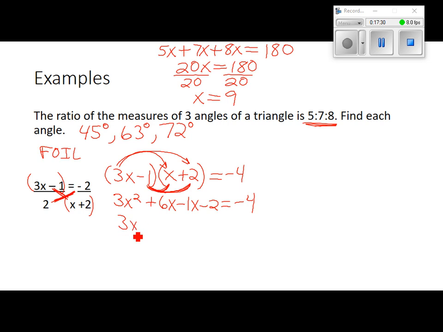The 3x squared stays the same. What's 6x and a negative 1x give us? 5x. So positive 5x. If we move that 4 over, it becomes a positive 4. What's a positive 4 and a negative 2 give you? Positive 2. What's left on the right-hand side if we move the 4 over? Nothing, which in math we say is 0.